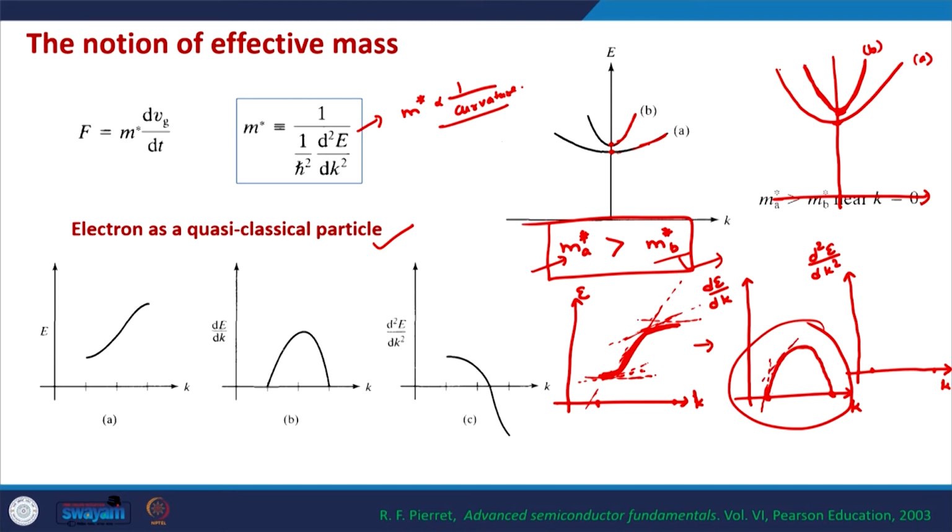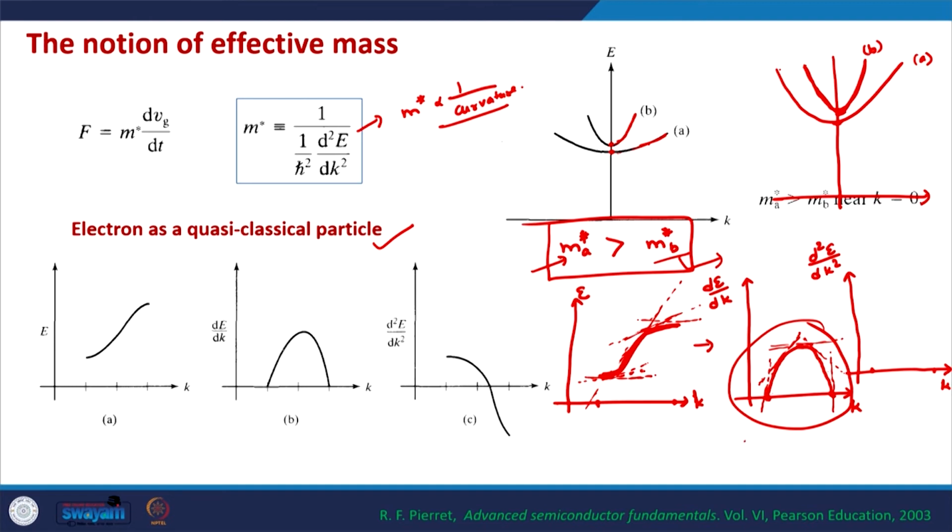The value of the gradient of this plot starts reducing. At this point the value of the gradient tends to 0. After this point the gradient starts becoming negative, and at this point it takes an even more negative value.